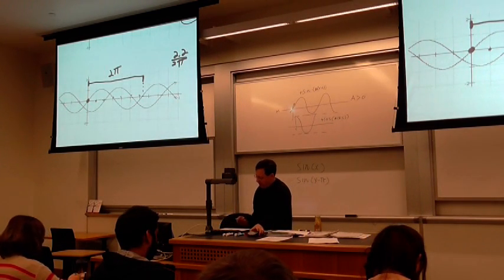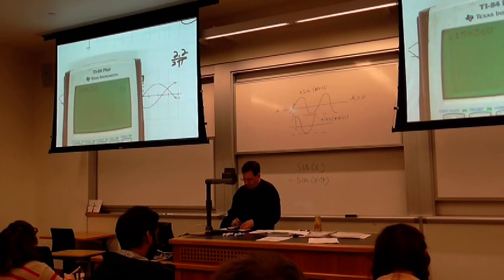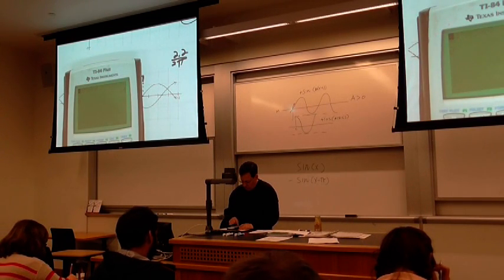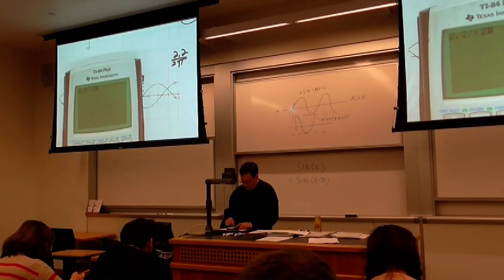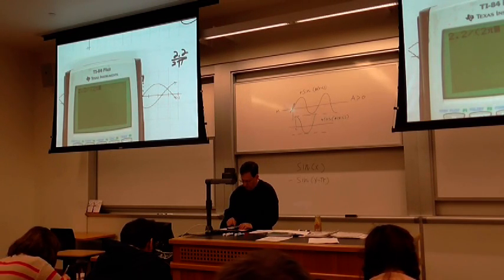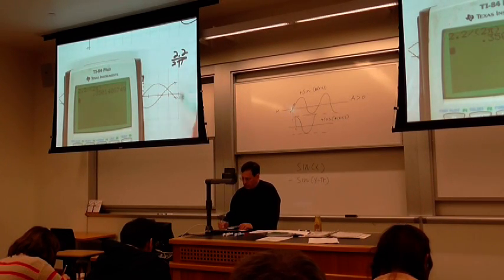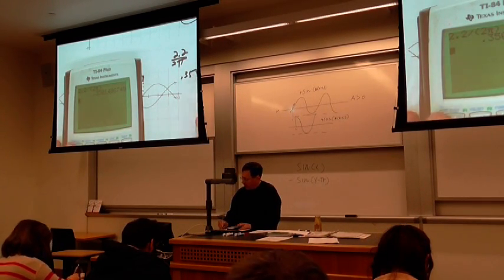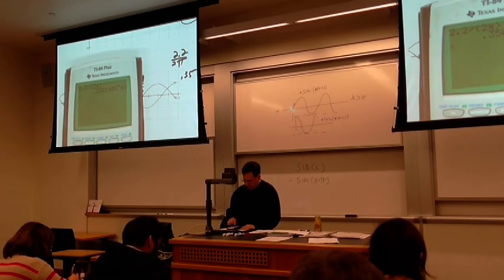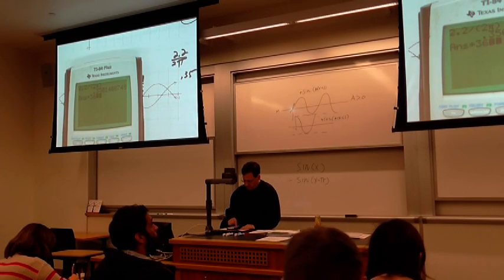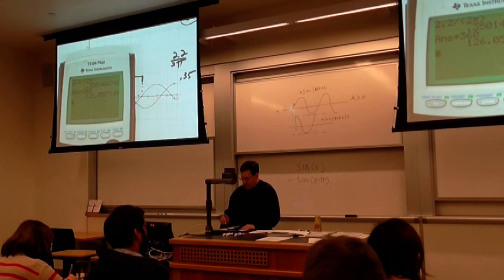So let's find out what that is. 2.2 divided by 2 pi, and when in doubt, put parentheses. So it's a phase shift of about 0.35, or 126 degrees.